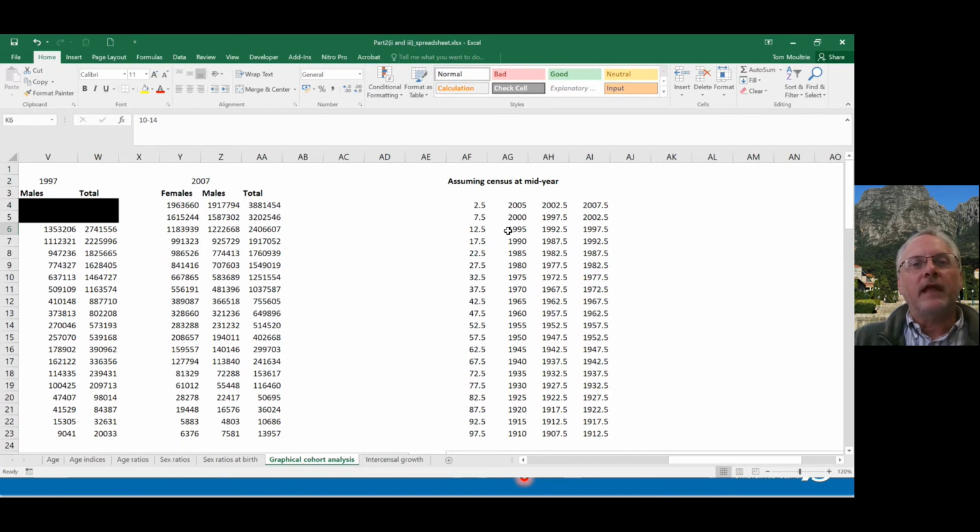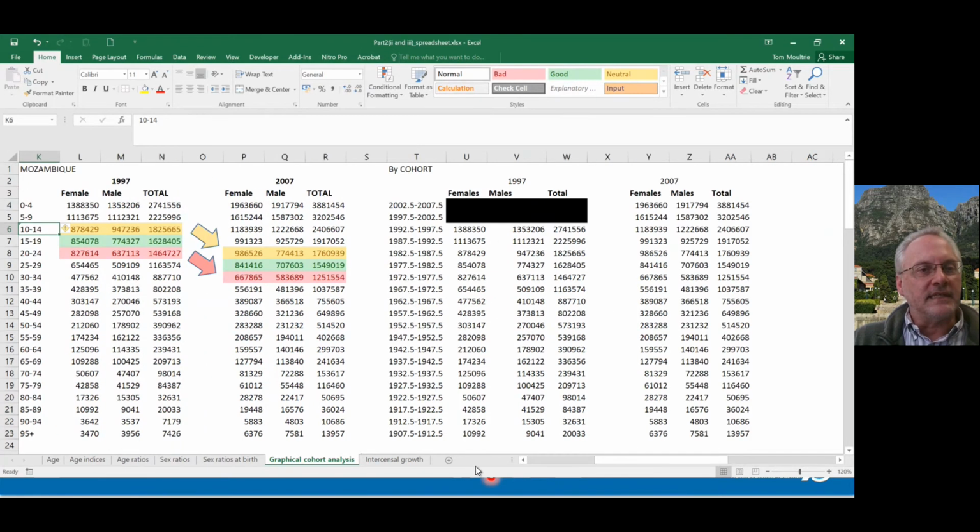Therefore, if the census was conducted at the mid-year of 1997, that represents the birth cohort starting in 1987 and ending 5 years later. So what we have here are the data by different birth cohorts for the Mozambican data.